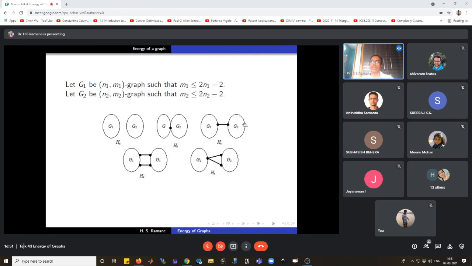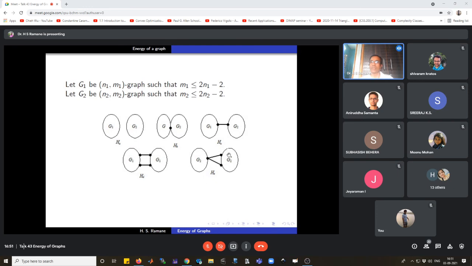If you join G1 and G2 by a single line, then this graph is non-hyperenergetic. If you join G1, G2 with two parallel lines, taking two points here and two points here and joining them this way, then the graph is also non-hyperenergetic. Or you can join this way: one point of G1 is joined to two points of G2.